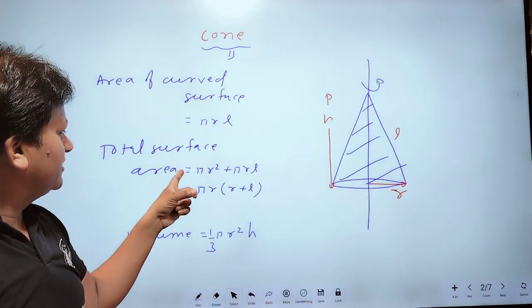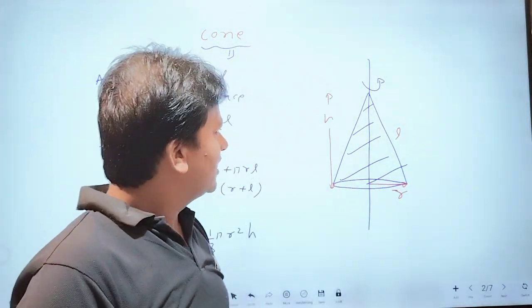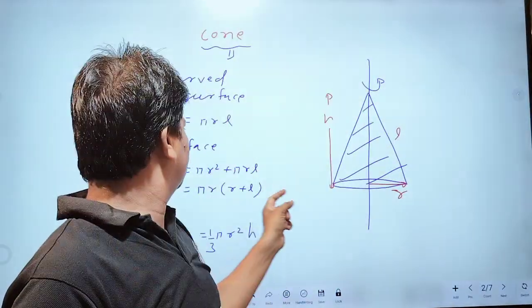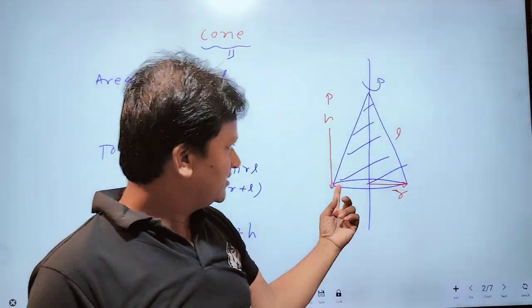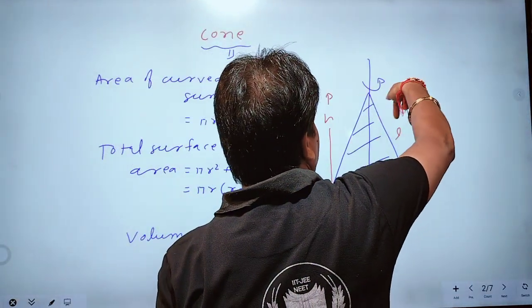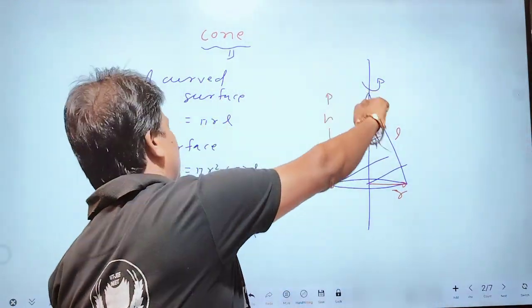Total surface area: pi r squared, this is the area of base, and this is the surface area, curved surface area.